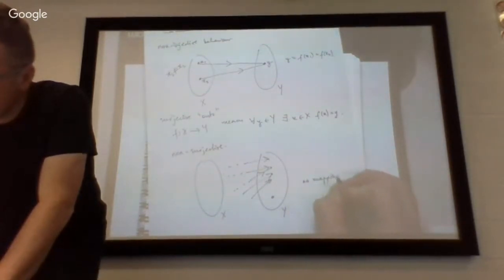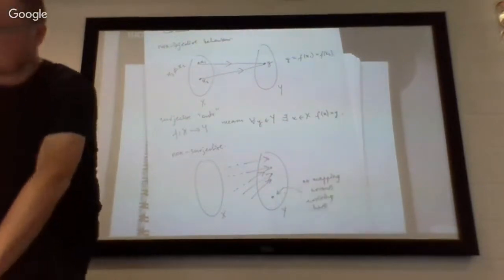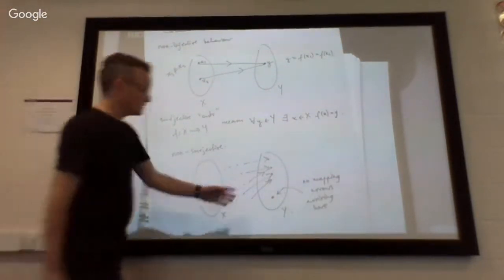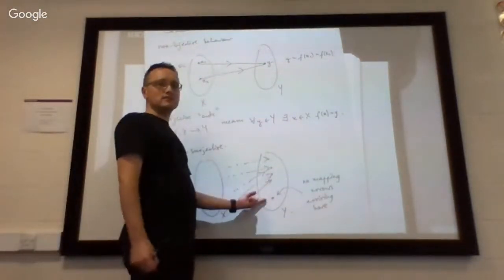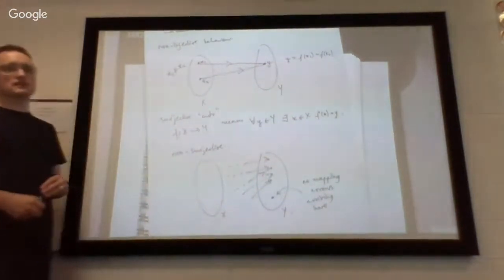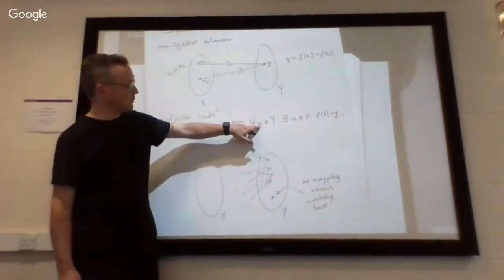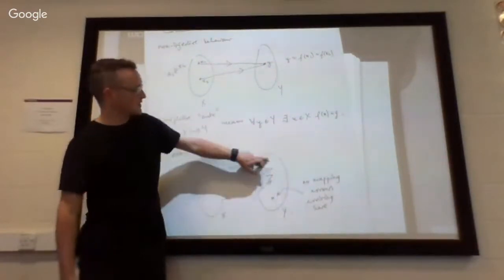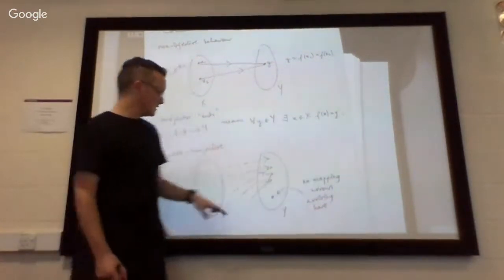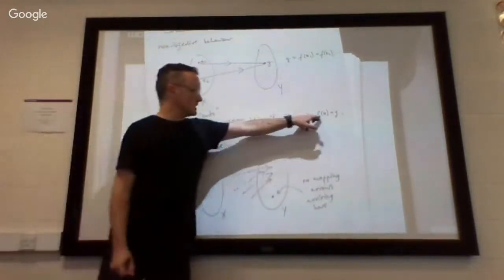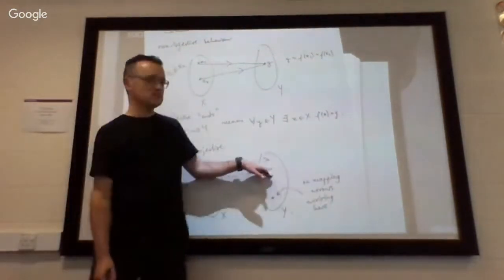But if there's at least one element for which there are no mapping arrows arriving, then that's non-surjective, because that breaks this condition. This condition says for every little y in the set y, so for everything over here, there is something in the domain such that f of x equals y. So there will be something that's mapped across to it.